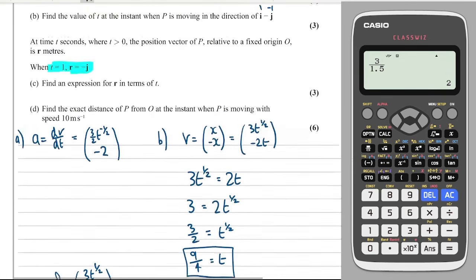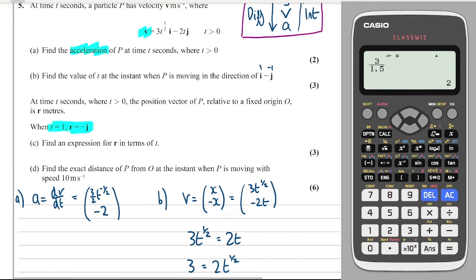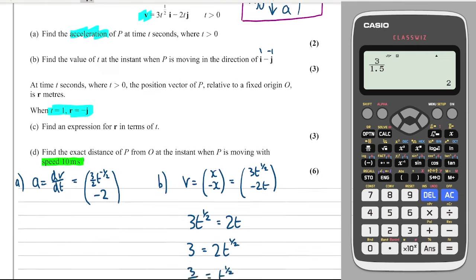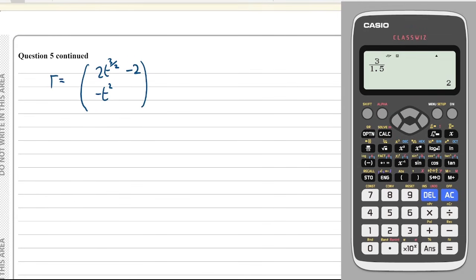Okay, next question. Find the exact distance of p the instant when p is moving with speed 10. Okay, speed 10. Well, the speed is the magnitude of the velocity. So the speed is equal to the square root of the two velocity components squared added together.